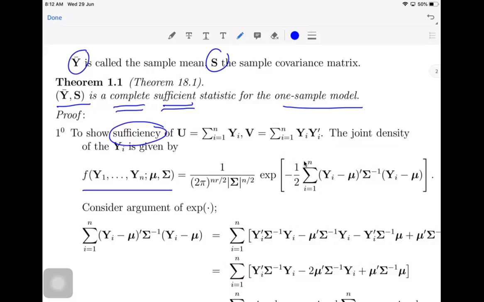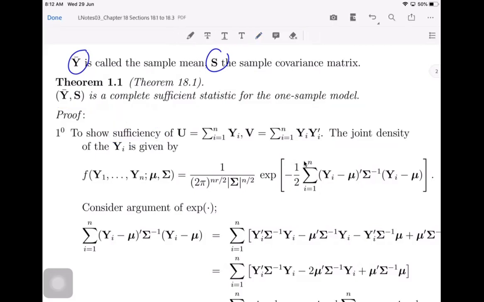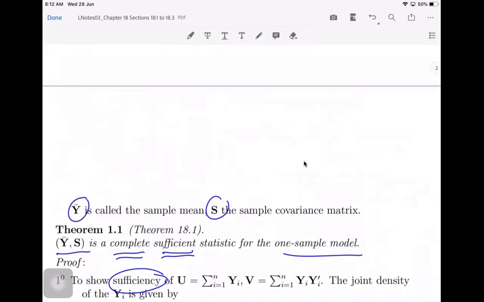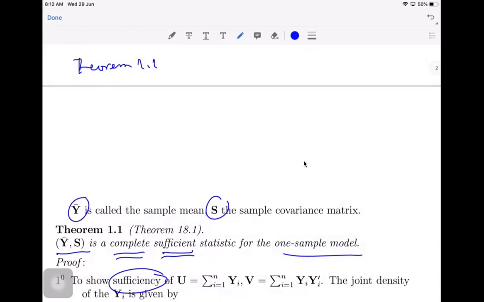the factorization criterion tells you that if X has a joint density function F, then T(x) is a sufficient statistic if and only if. So let me recall it. You can get this from theorem 1.1, which is the factorization criterion.